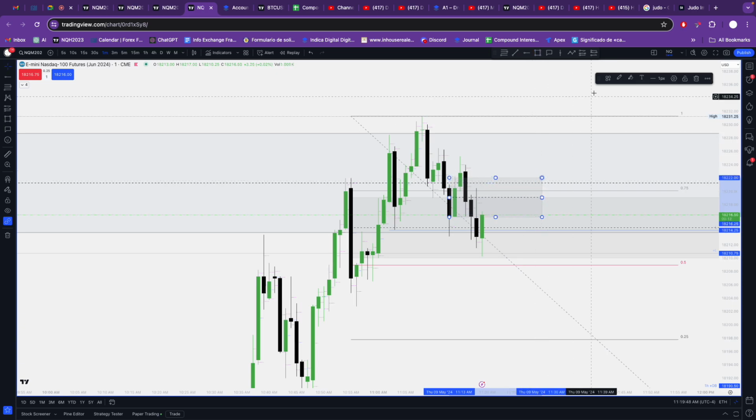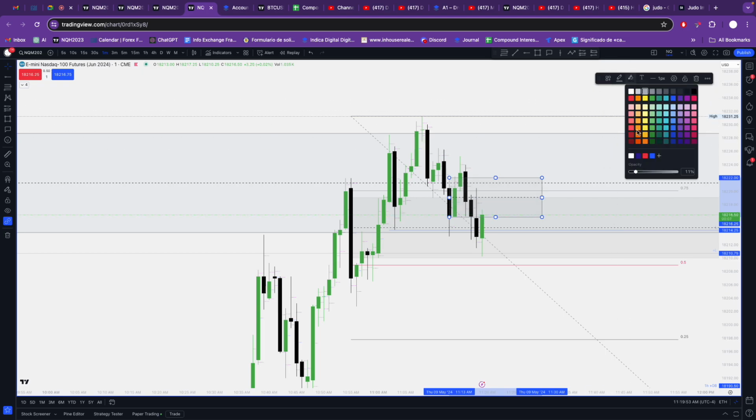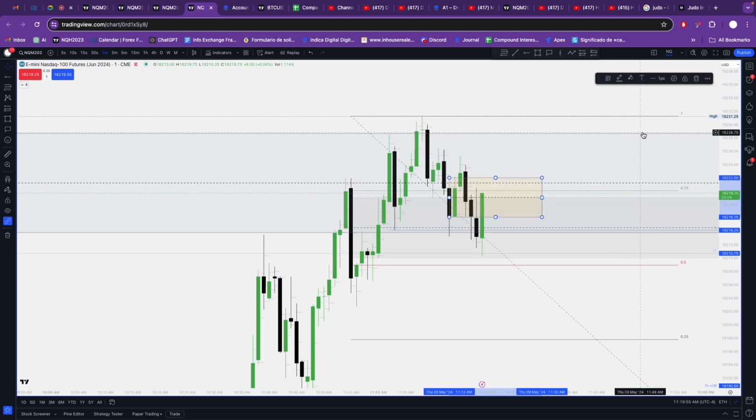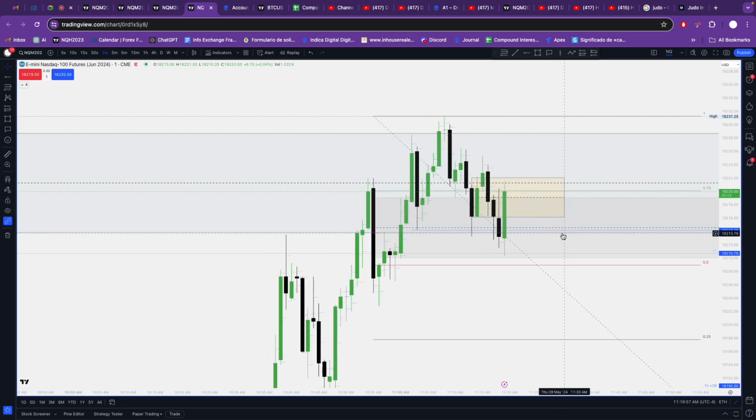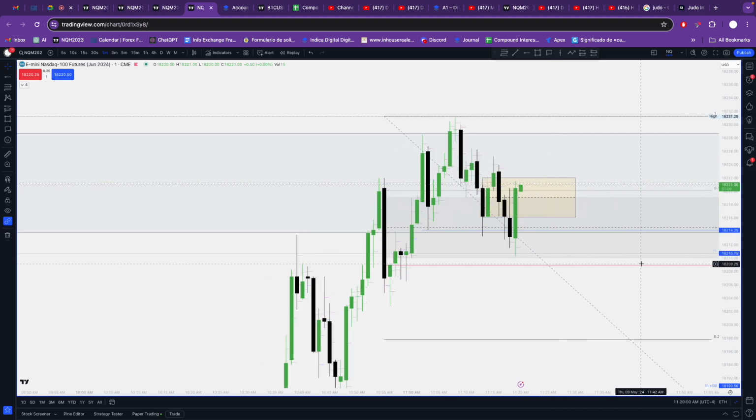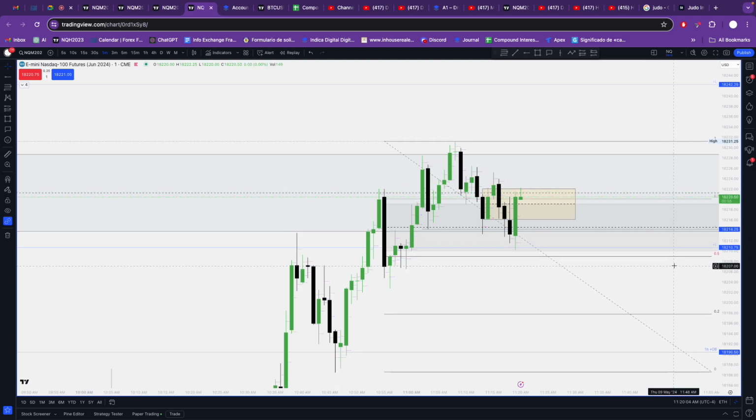Let's see if this one holds. Looks like it won't. This propulsion block right here looks like it doesn't want to hold. And also we're still fighting with this 5 minute bullish order block right here. So this might just be consolidation.